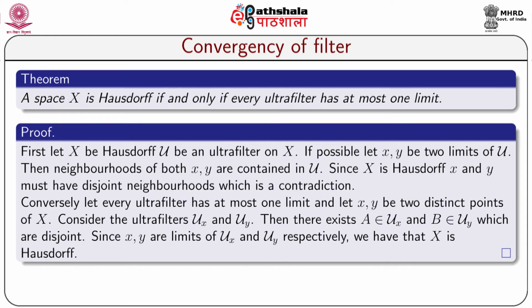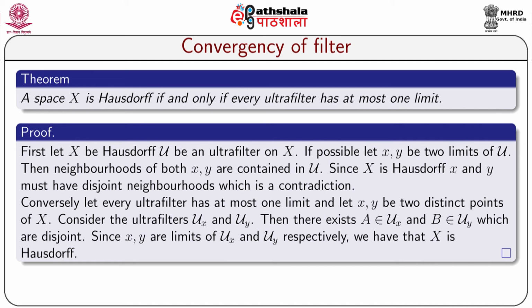Conversely, let every ultrafilter have at most one limit. We have to show that the space is Hausdorff. So, let us consider two distinct points x and y. Then we can consider two fixed ultrafilters Ux and Uy.